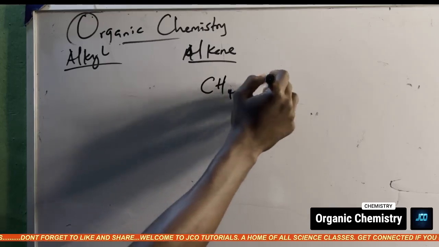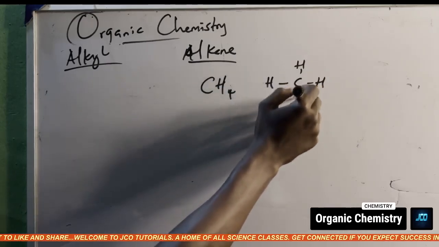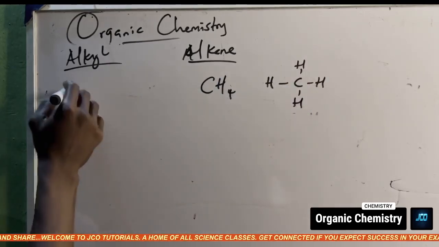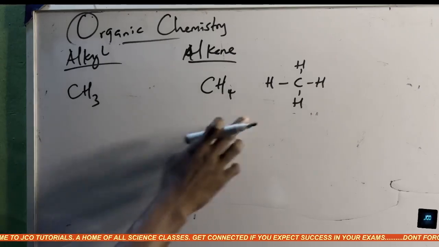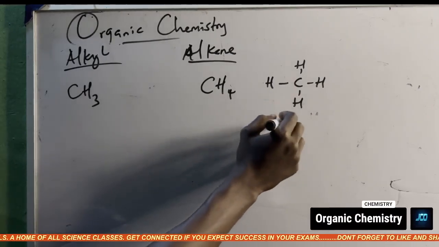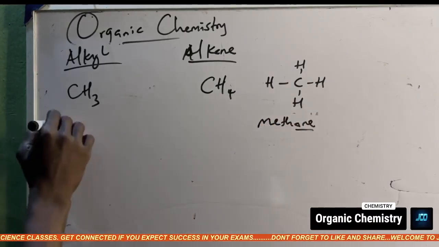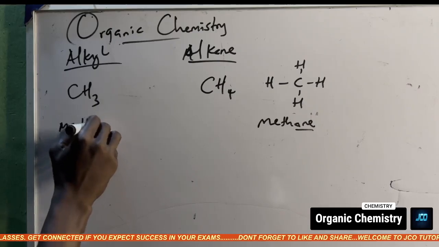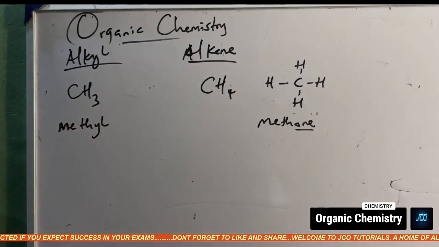CH4, which is 1 carbon, 4 hydrogen. The alkyl is going to be CH3. So whereas this is methane, because it's in the alkane family, this is going to be methyl, short of 1.